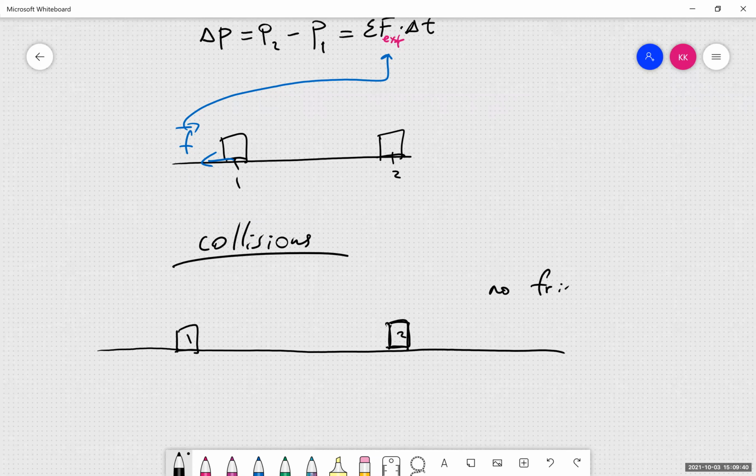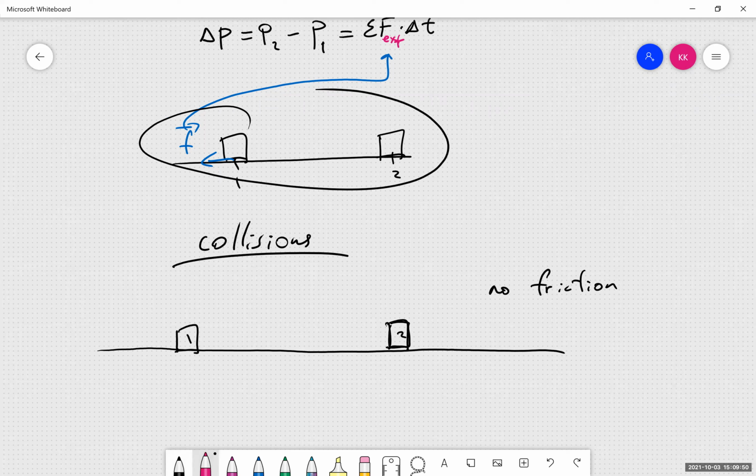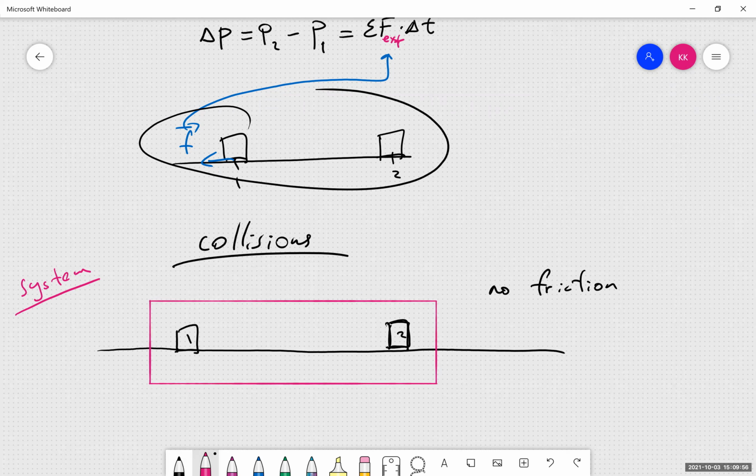So no friction, because we know friction is an external force and it can decrease the momentum of the object. What we're doing here is looking at a system, where I take both of those objects as part of my system. Let's say one of them is moving to the right with V1 and has mass M1.